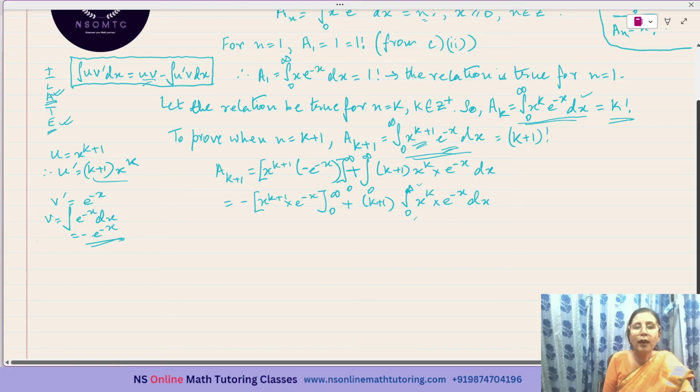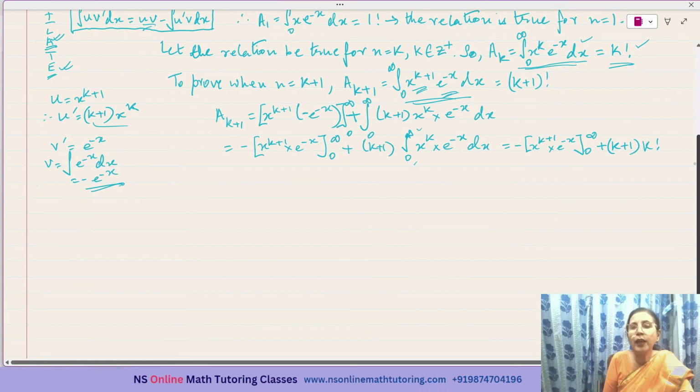So we can write this as negative x to the power of k plus 1 times e to the power of negative x from 0 to infinity, plus k plus 1 times k factorial. And k plus 1 times k factorial is k plus 1 factorial.